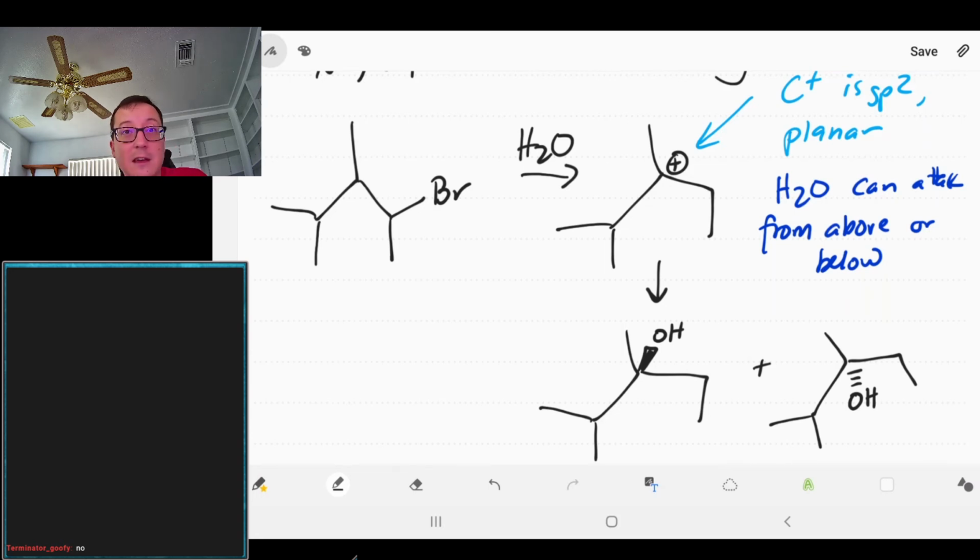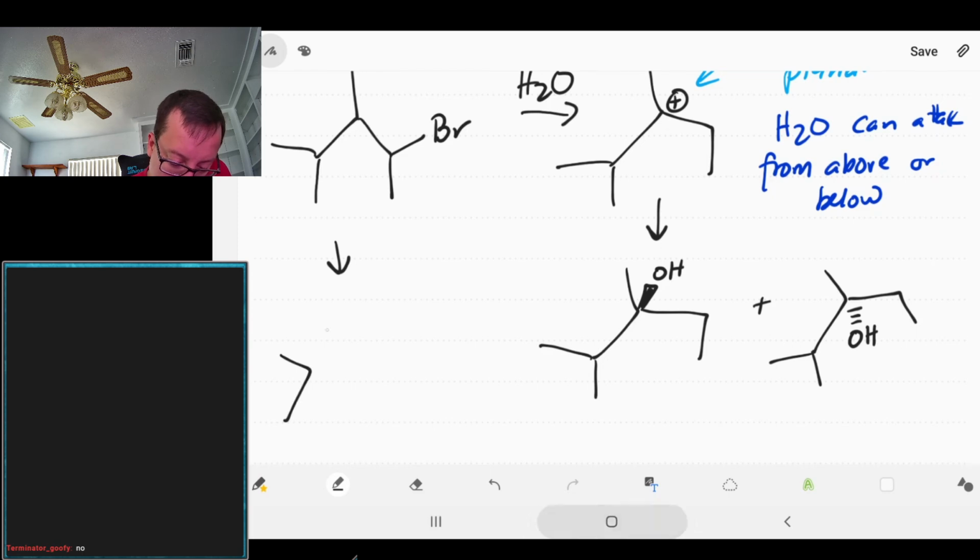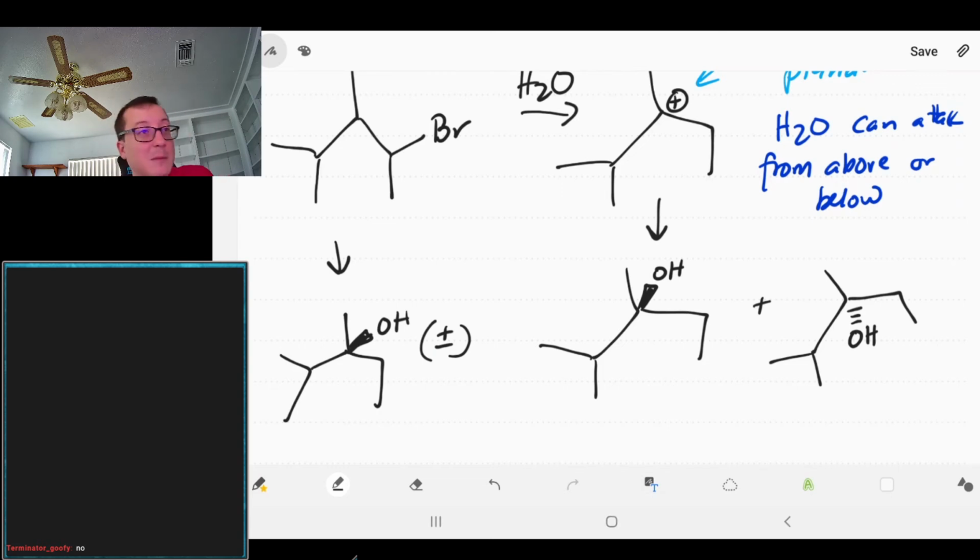We're going to end up with both. As a result, we often describe the product of this reaction like this: we'll put a plus minus next to it.